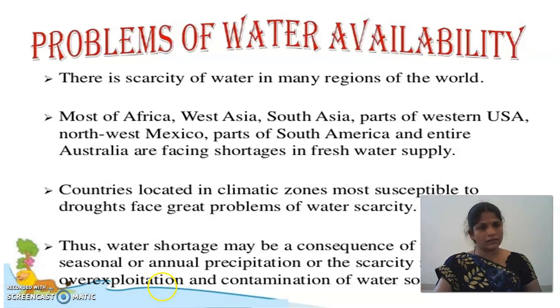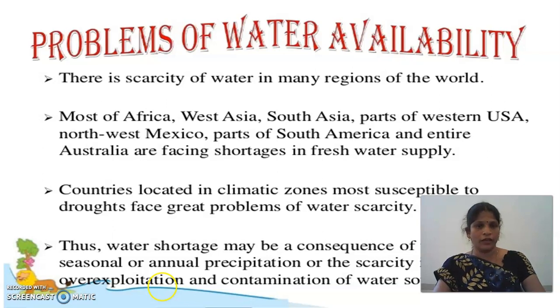Countries located in climatic zones most susceptible to drought face great problems of water scarcity, that is the torrid zone. Thus, water shortage may be a consequence of variation in seasonal or annual precipitation.